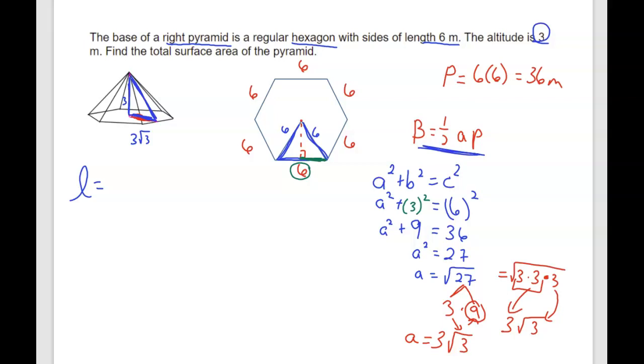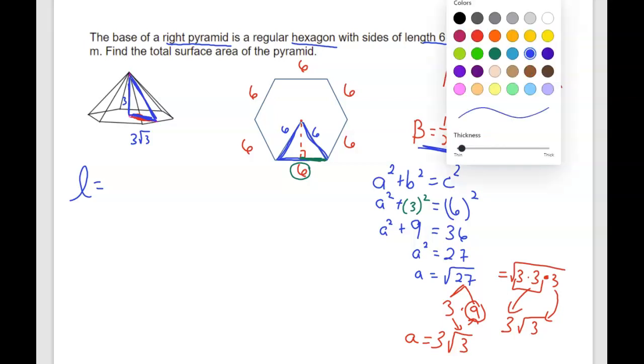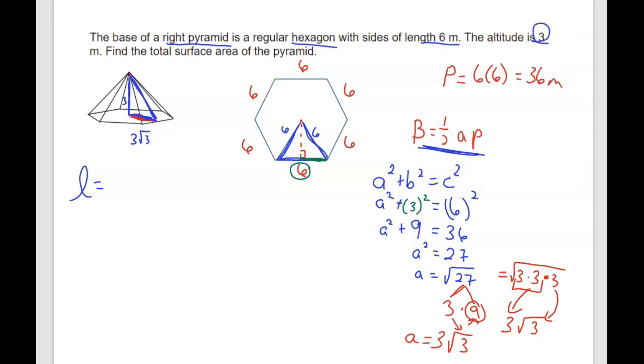And so that is now our hypotenuse. We're going to use the Pythagorean theorem again: a squared plus b squared equals c squared, which in our case is L. We get 3 squared plus 3 square root of 3 squared is equal to c squared.